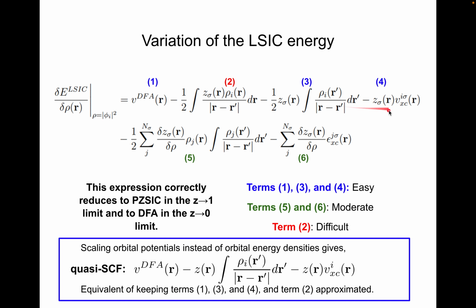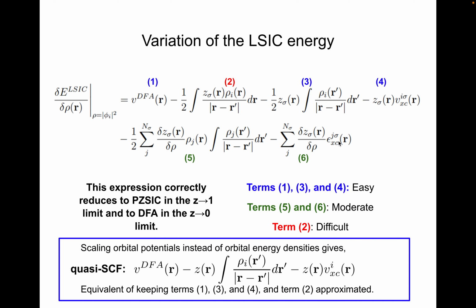And the third and fourth terms are the scaling factor times the PGSIC potentials, one for the Coulomb and one for the exchange correlation. And the fifth and sixth terms are the variation of the scaling factor times the PGSIC energy density terms. So you obtain those 6 terms.